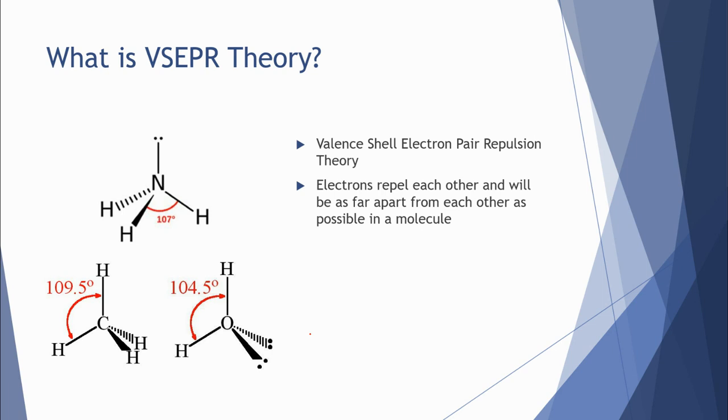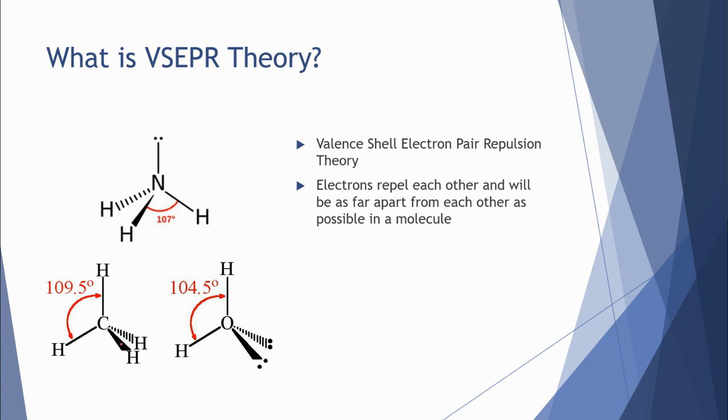VSEPR stands for valence shell electron pair repulsion theory. Again, it just means that the valence shell electrons, those outer electrons, are repelling each other. And electrons repel each other and will be as far apart from each other as possible in a molecule. So notice our methane, carbon tetrahydride, is right down here with a bond angle of 109.5, and those hydrogens are as far apart as possible.